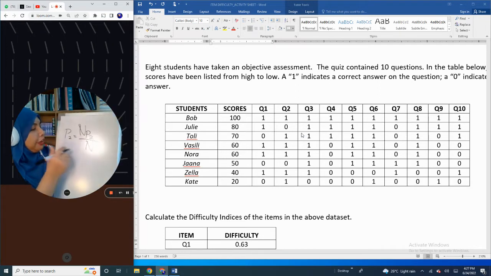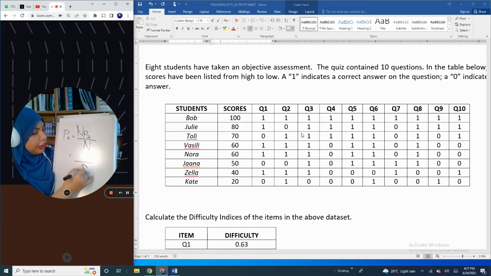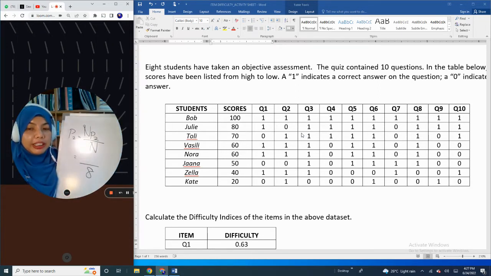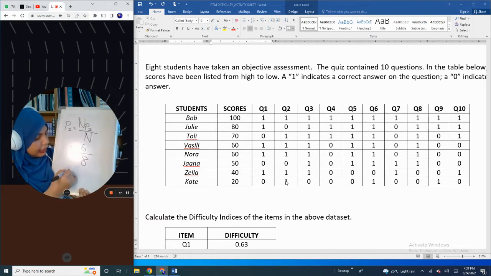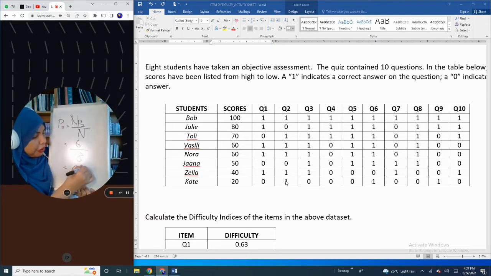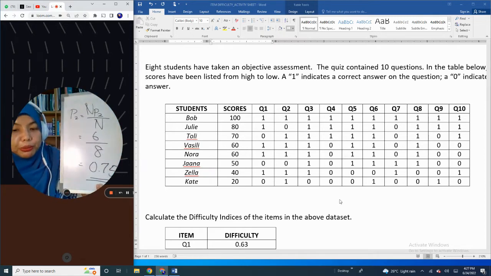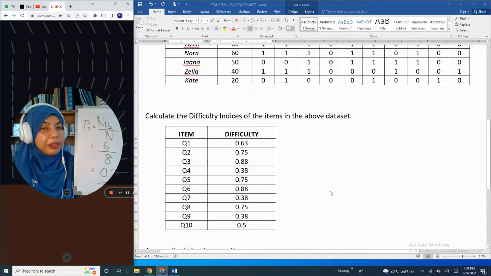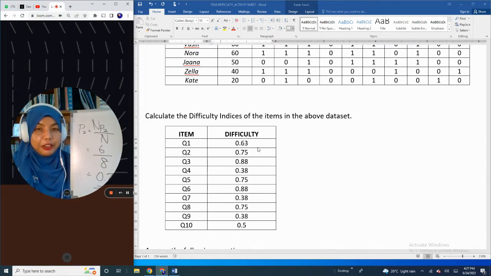So 8 students. And how many students answered item 2 correctly? 1, 2, 3, 4, 5, 6. So the answer is 0.75. Okay, that's for number 2. This is pretty easy. I'm sure you have no problem completing this calculation.